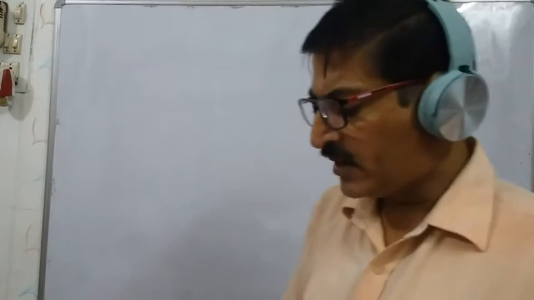Now the introduction part of this chapter. In our daily life we come across many situations in which equations in two variables are required, such as Shivani, any student. She went to Lal Chowk, a very famous place.